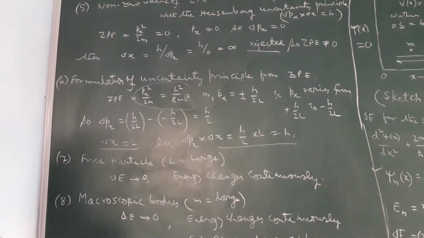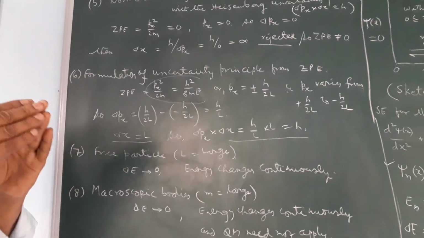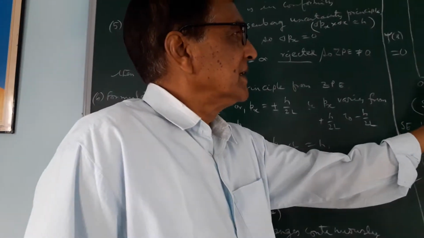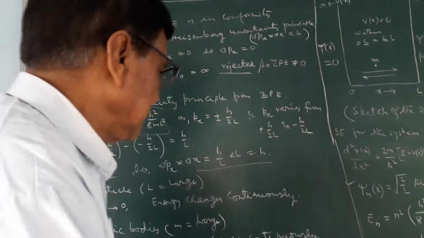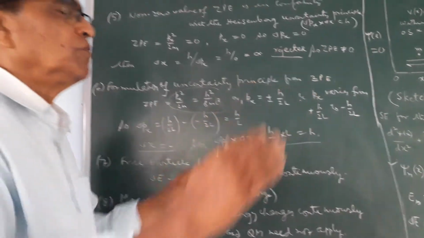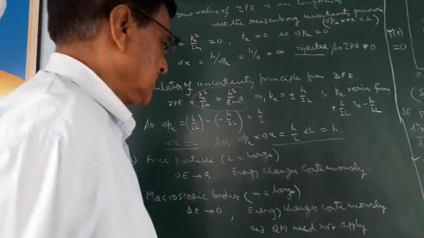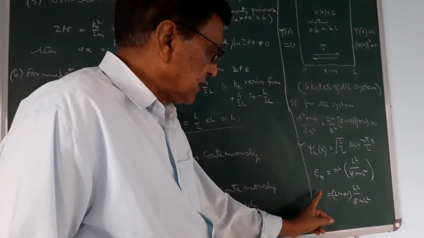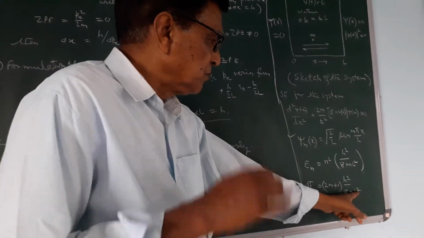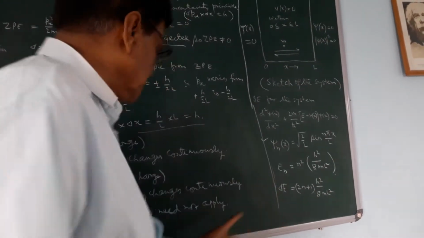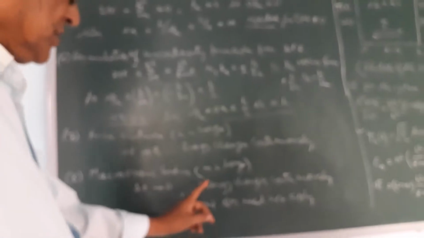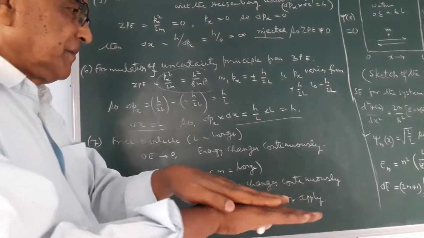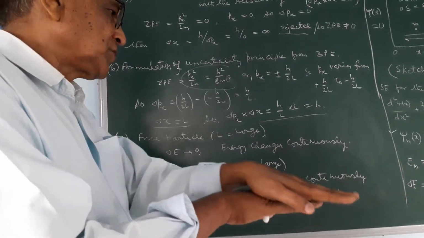Again, the seventh one, the free particle, where there is no restriction for the particle to remain inside the space 0 to L. If L is large and it is free to move any distance, then L square is even larger, and delta E equals 0. It means energy changes continuously, the energy levels are in contact with each other, with no spacing.